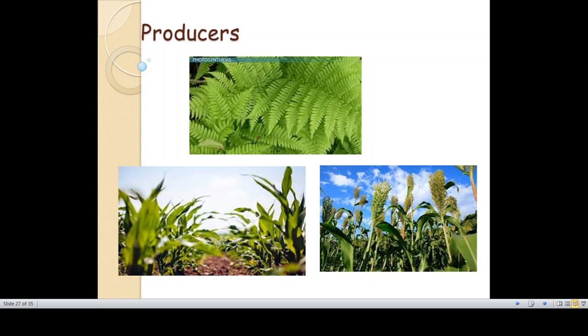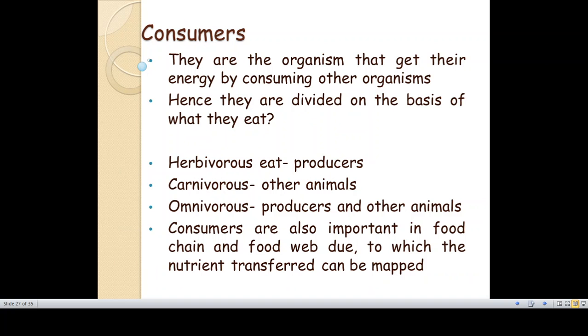Now with the producers, let's try to understand another important link related to the biotic component, which is one of the second, or maybe we can say equally important, components of the food chain or food web, and that is related to consumers. So consumers are those which get their energy when they consume the plants.